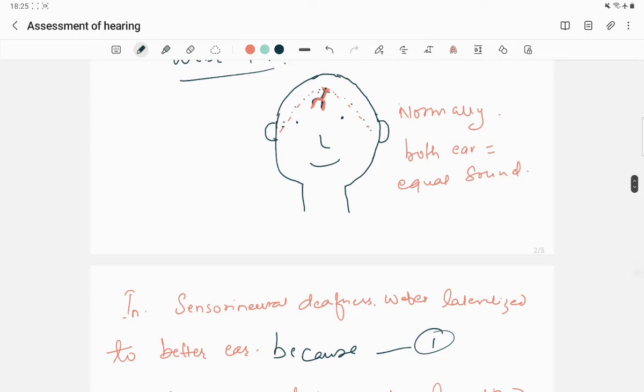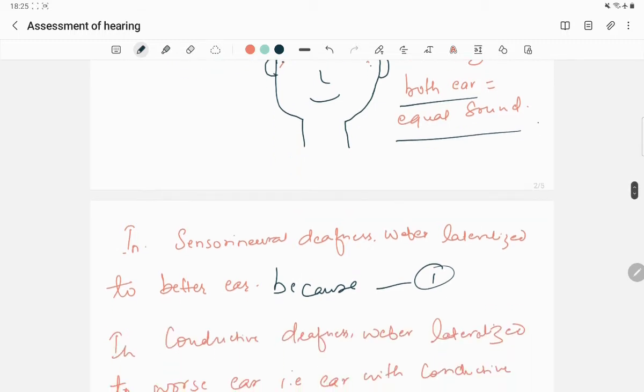So what happens normally is both ears hear equal sound. Okay, but in sensorineural deafness, this test is lateralized to the better ear.